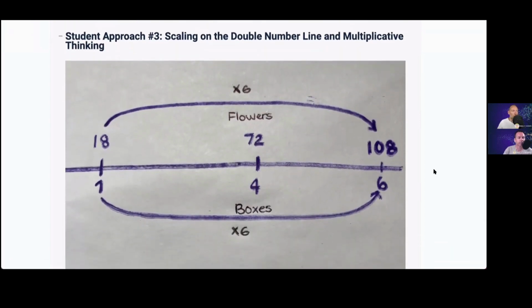We always ask educators to try to envision the proportion that you see in this double number line. Like this problem, we knew there were 72 flowers and 4 boxes, and we knew we had 6 boxes to fill, and we were looking for how many flowers we needed to purchase. So that is your equivalent ratios.